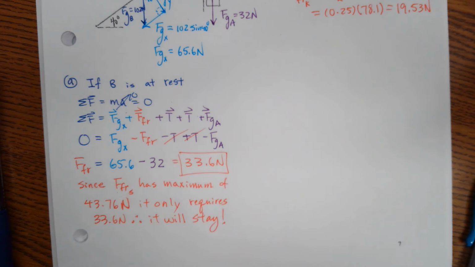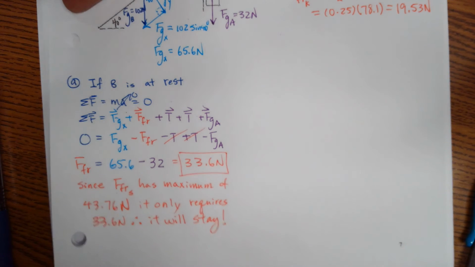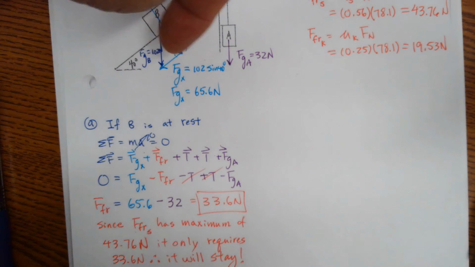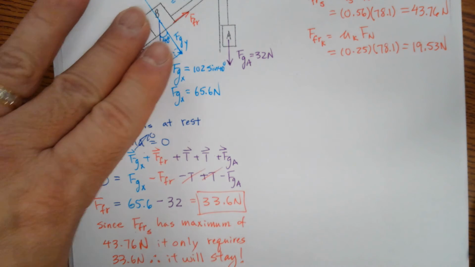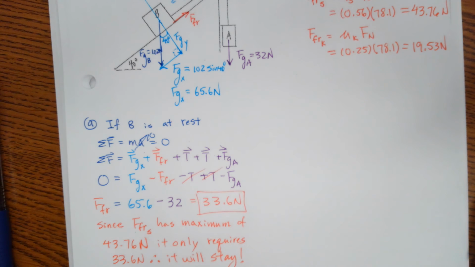All right, what about part B? If B is initially moving up the incline, then what happens? The frictional force obviously has to act in the opposite direction of the motion. But because the friction is acting down and Fg is acting down, it's going to start to slow down.